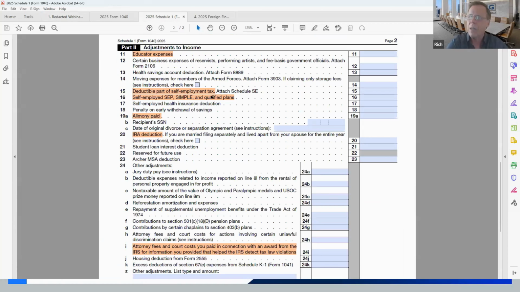These are the adjustments that you can take or deduct, and I just highlighted some: the education expenses, self-employment tax, simple qualified plans, alimony paid, and your IRA deduction. And when you get to the bottom of that, that's what gets carried over to the other deductions to get you to adjusted gross income.